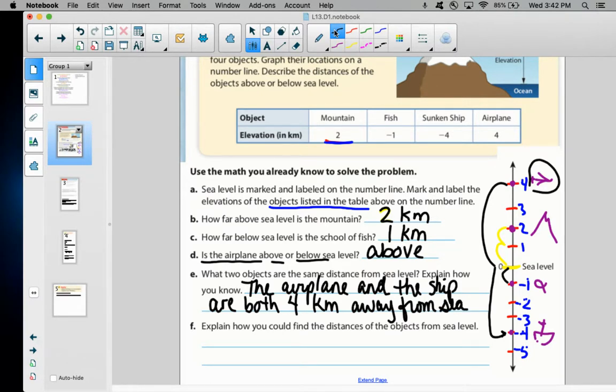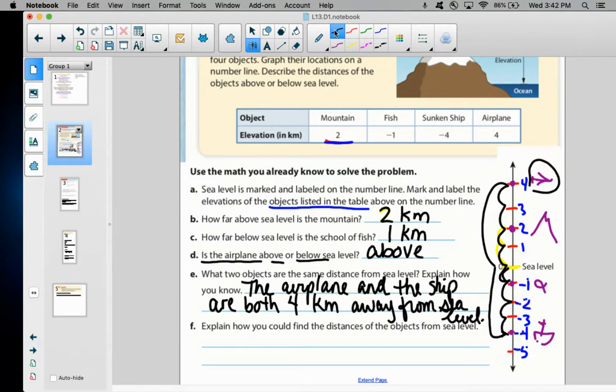The sea level is at 0. How do I know that? We have that distance 1, 2, 3, 4 in the positive direction being compared to the distance 1, 2, 3, 4 just in the opposite direction. So they are 4 and -4, like we learned in lesson 12. They are opposites. Opposites have the same distance from 0.